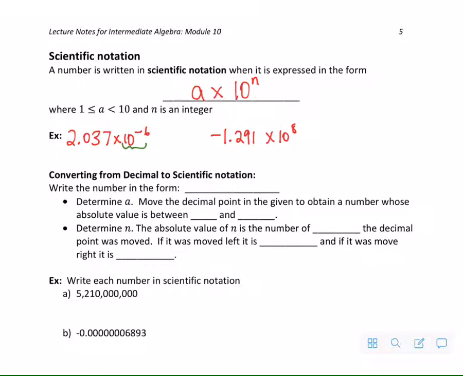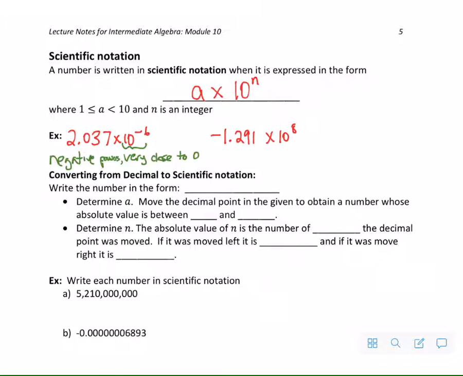Okay? This is very close to 0. Okay, so negative powers are very close to 0.